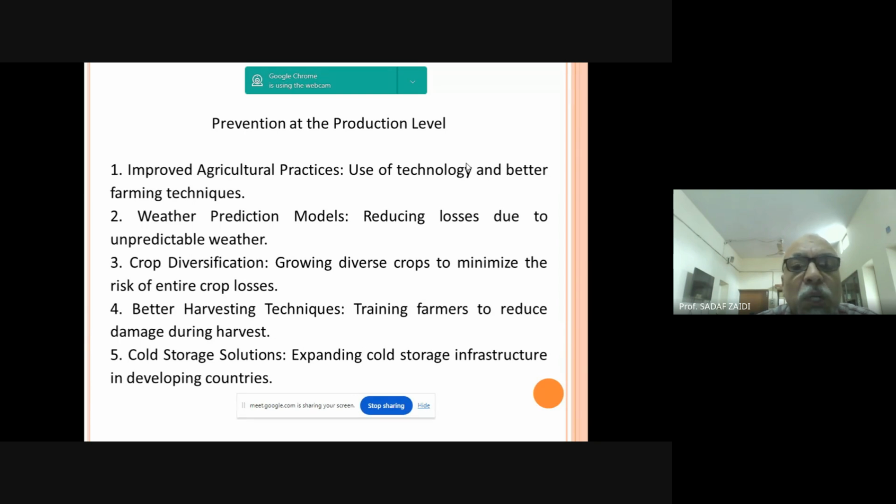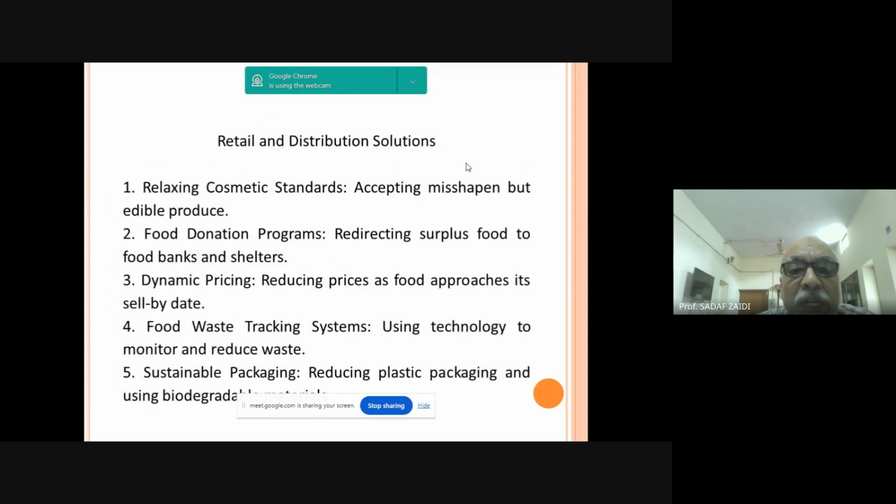For example, you can go for improved agricultural practices, technology and better farming practices. You can have weather prediction models which can reduce losses due to unpredictable weather, crop diversification, better harvesting techniques, cold storage solutions. These things you could do at the production level.